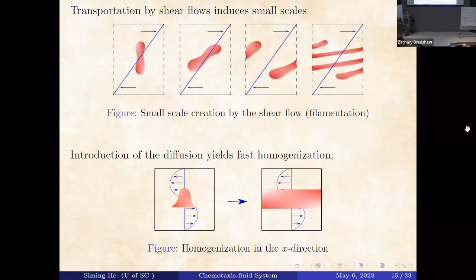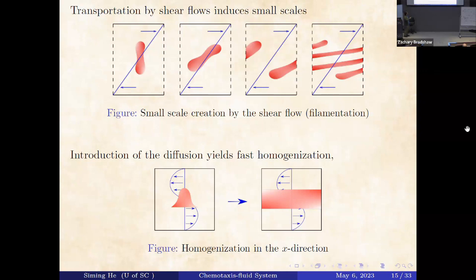After a finite time, you wind around T times. Basically you can see you create some small scale in the vertical direction. Imagine you are starting from here, it's 0 when you walk up, and now you see some density, and then you see 0, and then you see 1, you see 0 again. So basically it's like the mixing scales here. This is what happens if you don't have any diffusion.